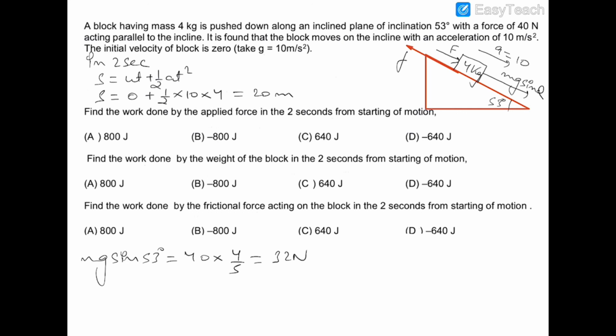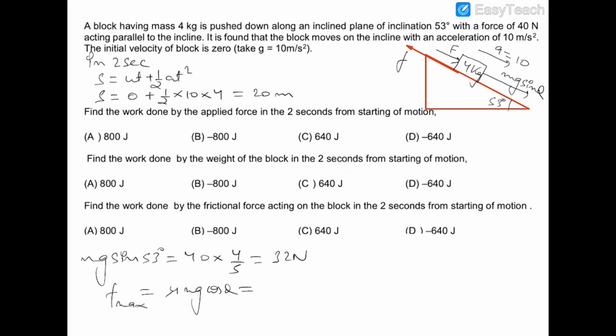Now the value of friction, F max, because sliding is occurring, therefore friction will be acting at its peak value. It would be mu mg cos theta. The value of mu is not given to us.